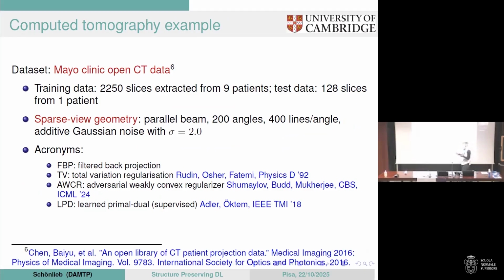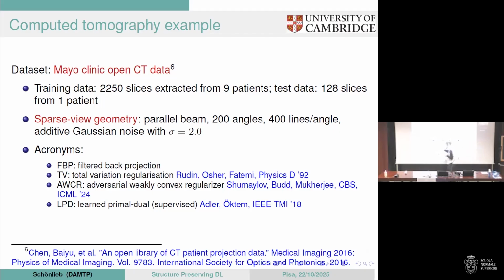We had the normal dose, fully sampled reconstructions from 10 patients in this data set, which we divided into 9 for training, 1 patient for testing. And then we simulated from that this sparse view setting where you undersample the measurements. And also we added some more noise to it.